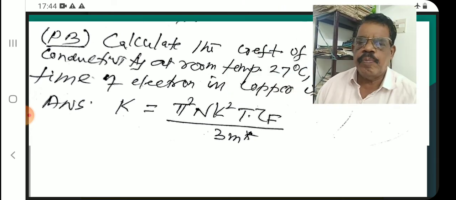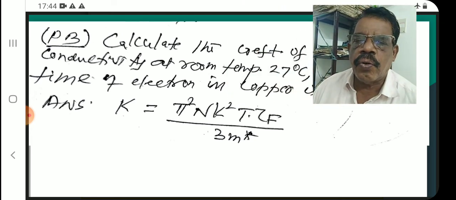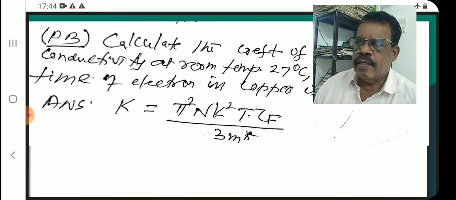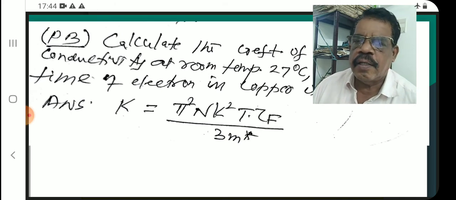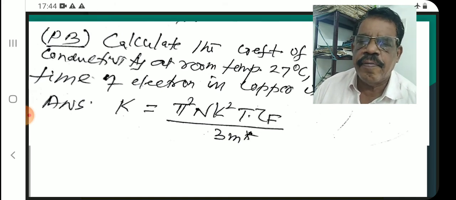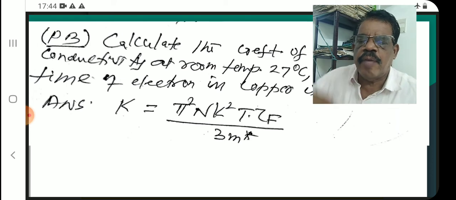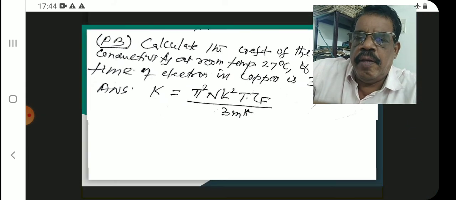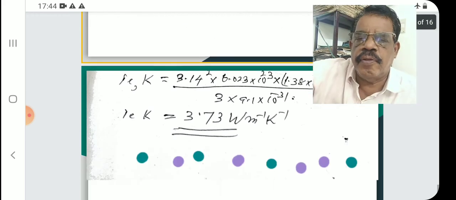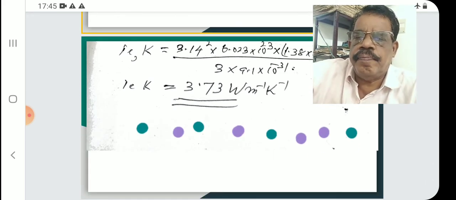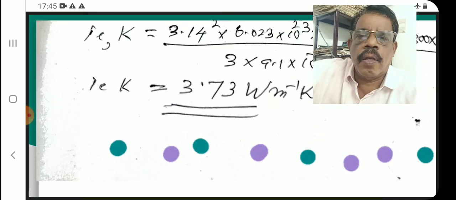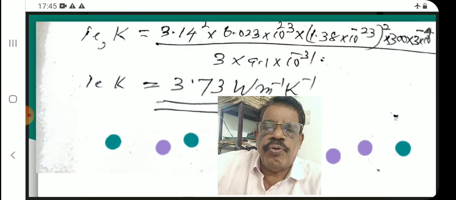K is pi square n k square T tau F by 3m star. T is the absolute temperature. Here it is 27, we have to convert. We put all the values like this.